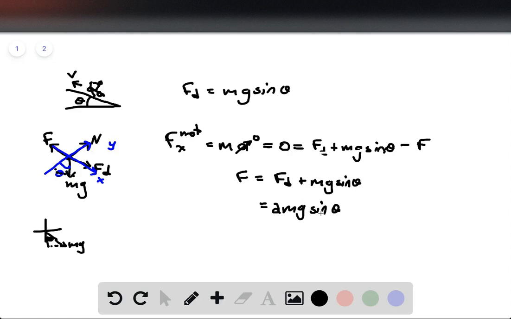And we know the mass, we know theta, and g is a constant, so then we can answer this question and find the force just by plugging in the numbers now.